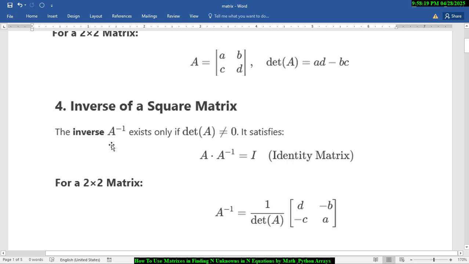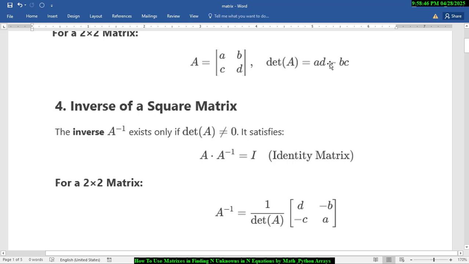But how to get A minus 1? A minus 1 equals transpose of array or matrix A divided by determinant of A. Determinant of A, you can calculate as A times D minus C times B, this diagonal minus this diagonal.